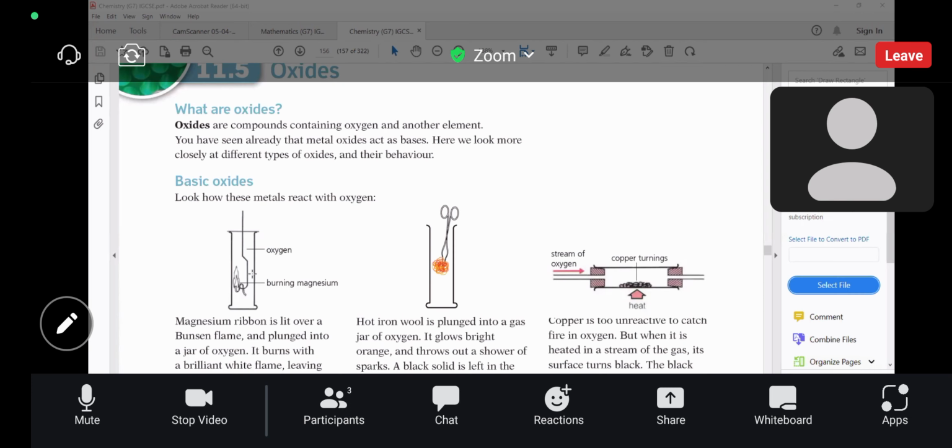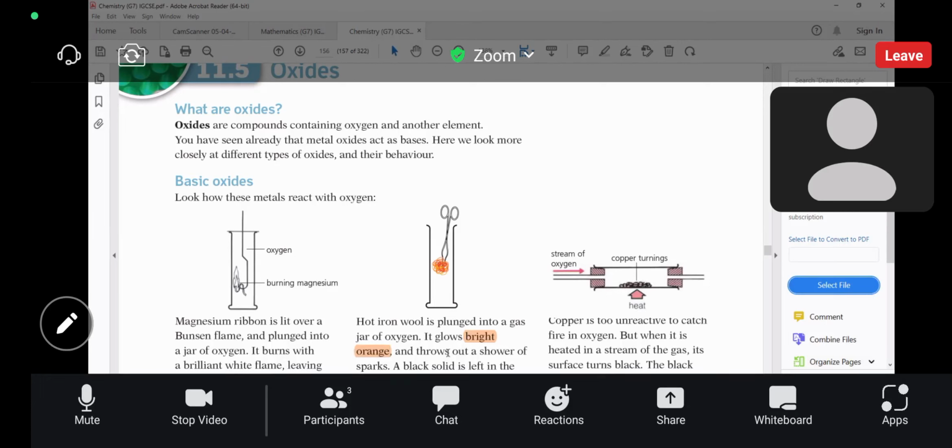Wait, I will share the screen. So this is magnesium, with white fume, and this is iron wool. When it reacts, you can see bright orange or red. So this is bright orange. What is the observation? It glows bright orange.